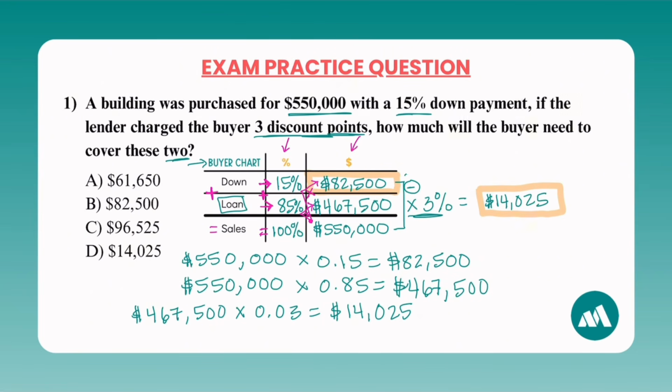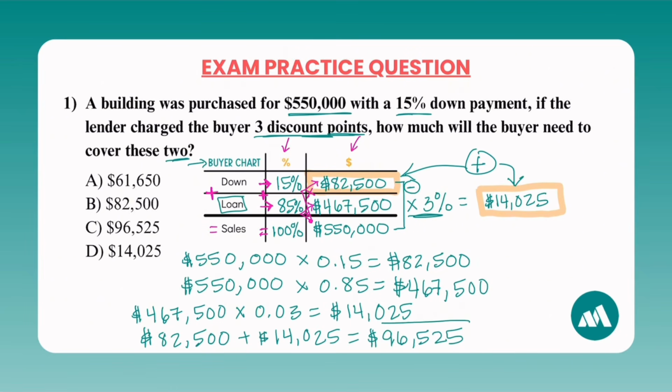Now all we have to do is add these two totals. $82,500 plus $14,025. That is a total of $96,525. So the answer is C.